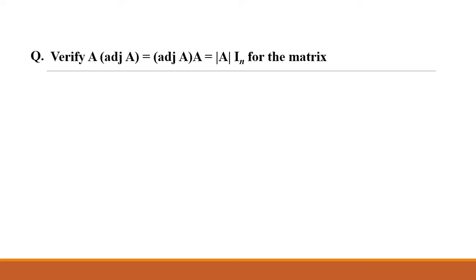We will consider an example on the above result. For the matrix [2, 3; -4, -6], we need to verify A into adjoint of A is equal to adjoint of A into A, which equals determinant of A times I_n, where n indicates the order of the given matrix.